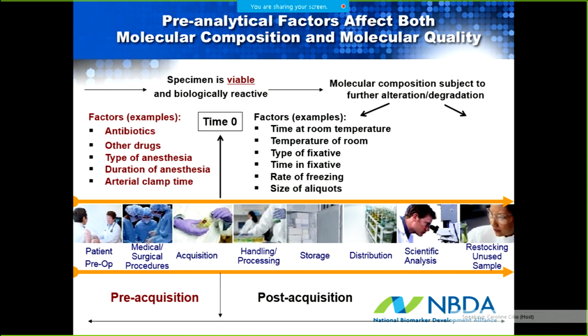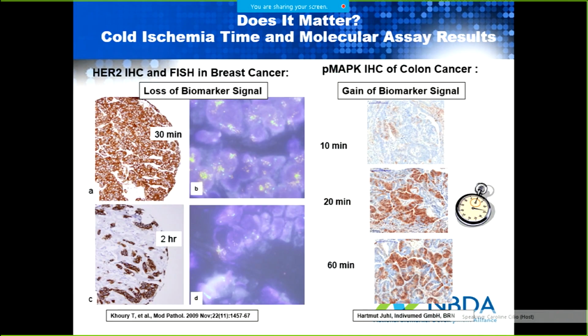After it comes out of the patient, what happens to it in the pathology laboratory, the time of fixation, the temperature of the room, all of these things in transport and storage affect the quality of the analyte used in the analysis step. Storage, even after analysis, may affect clinical and research results because it's often the stored specimen that goes back for secondary analysis later on, either in the study or in the patient's management.